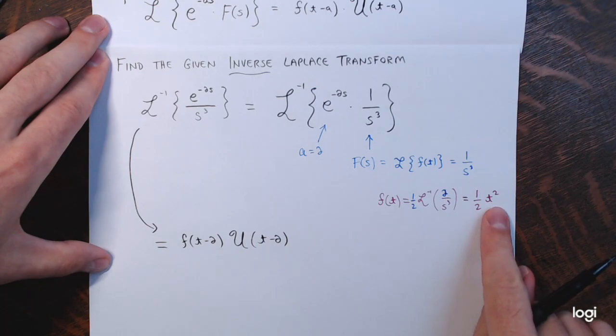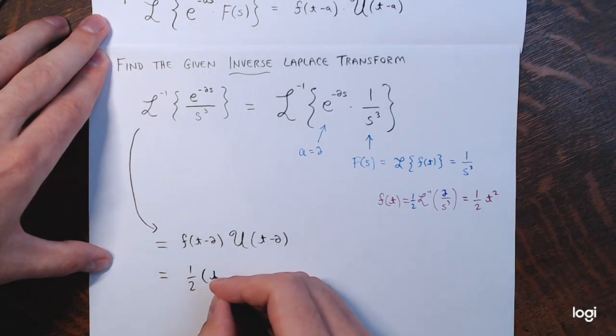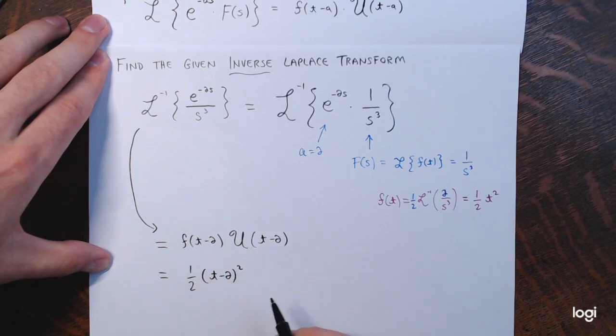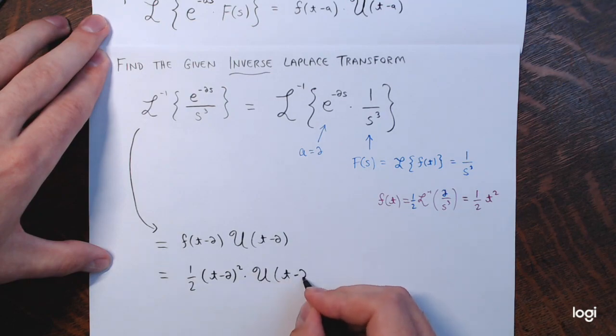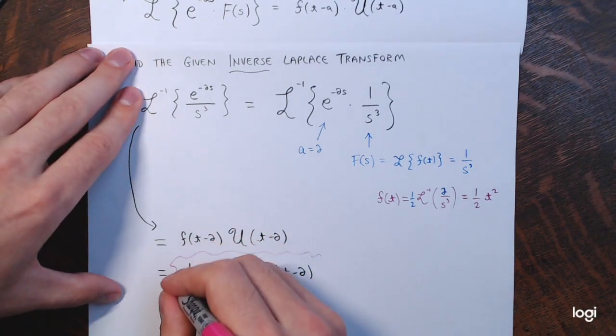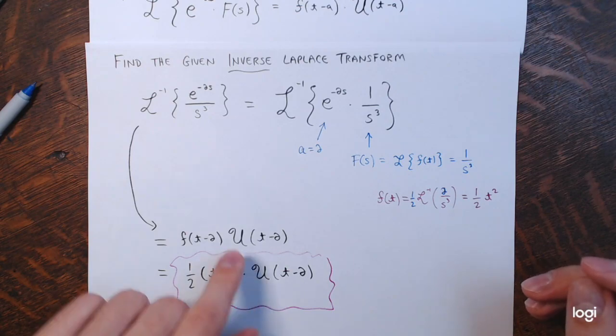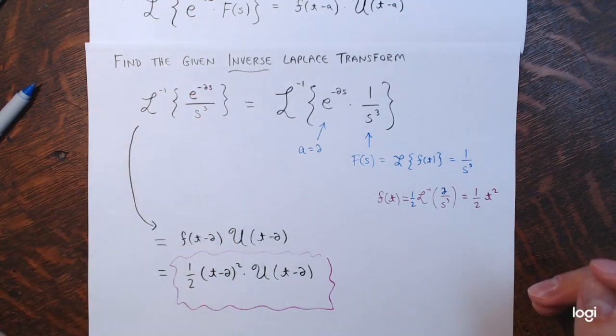That was half of t squared. So this would be half of the quantity t minus 2 squared. Just go to little f and replace all the t's with t minus 2, times the unit step function at t minus 2, and there you go. This is the inverse Laplace transform of e to the negative 2s over s cubed.